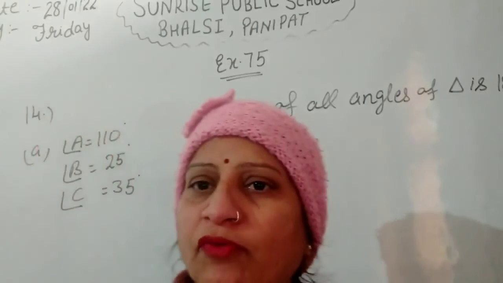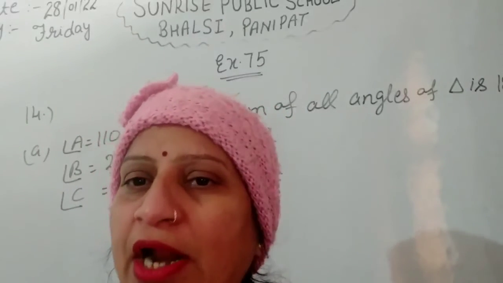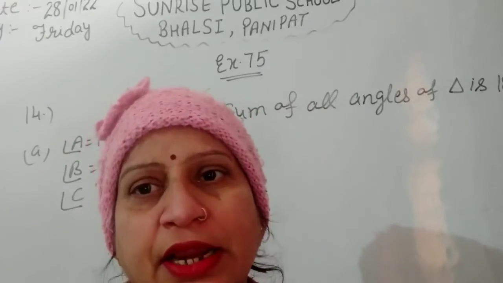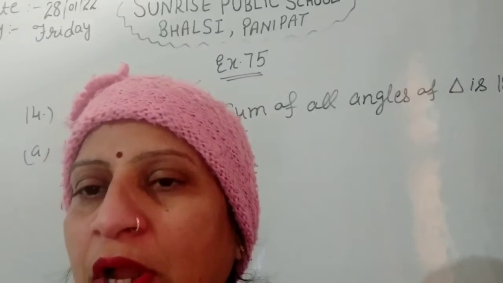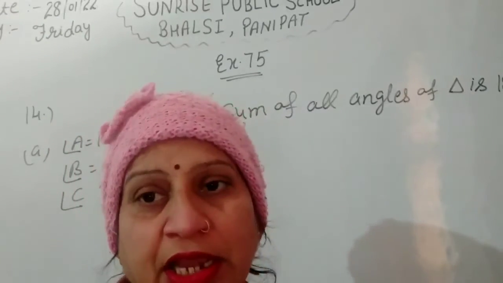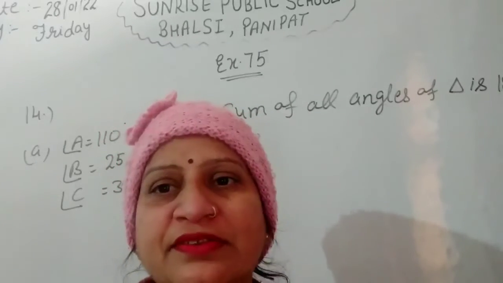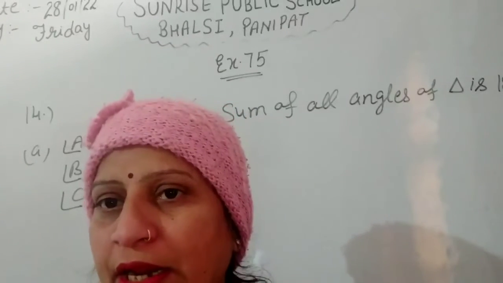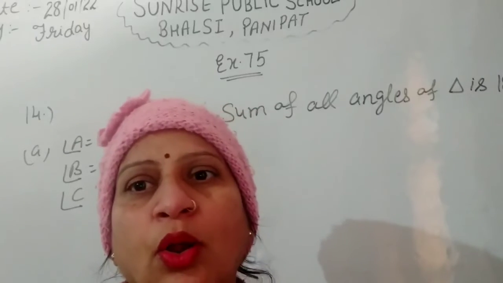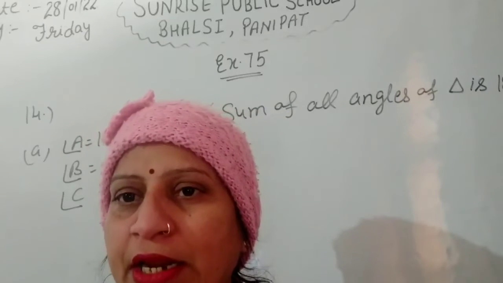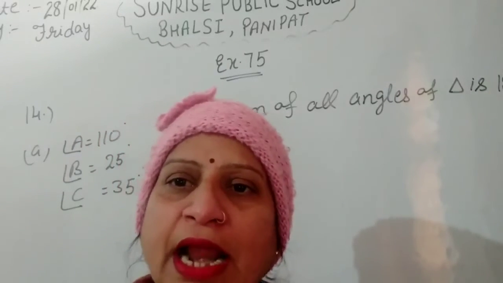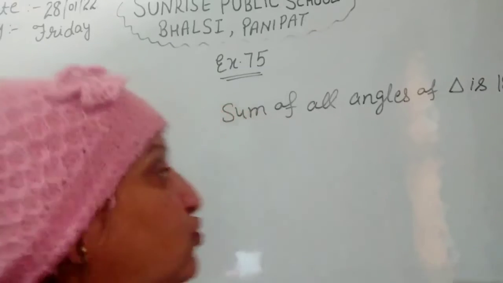If the sum of these three angles is 180 degrees, in that case the triangle is possible. Otherwise, if the angle sum is not equal to 180 degrees, less than or more than 180 degrees, then the triangle is not possible.